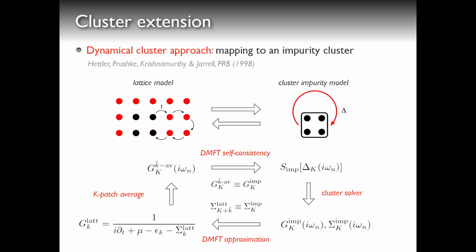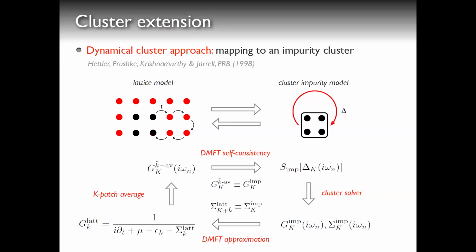The self-consistency loop in this dynamical cluster approximation looks very much the same as in single-site dynamical mean field theory, except that we go through this loop one momentum patch at a time. So we also average over only a single momentum patch, and we impose the self-consistency condition for each patch separately.